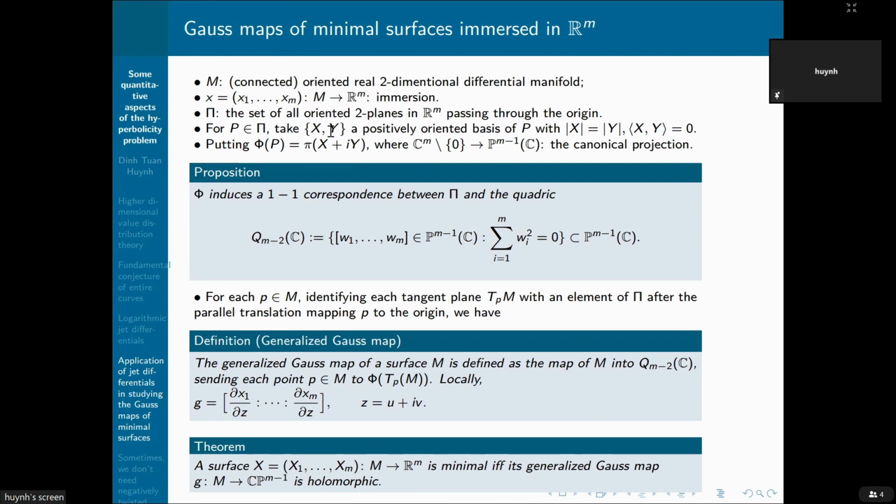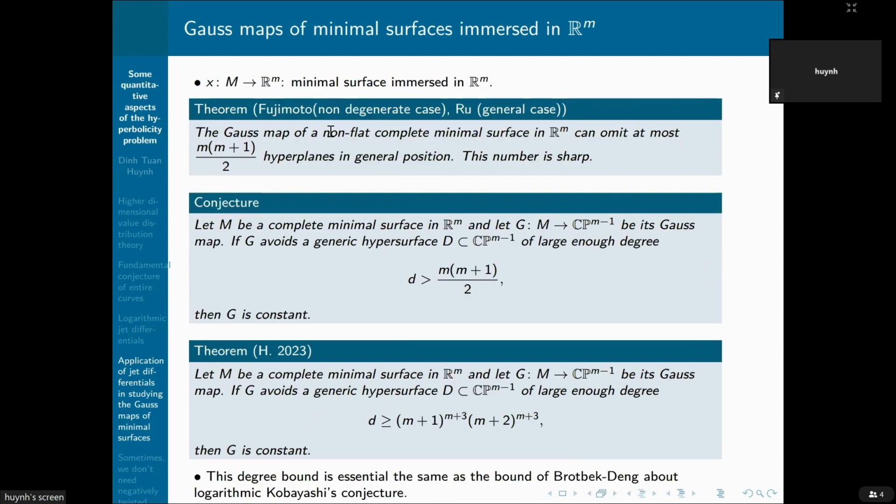So that's why now we can employ the tools of hyperbolicity problems to deal with the question of the distribution of the Gauss map. The first result, a very classical one, is due to Fujimoto and Ru.